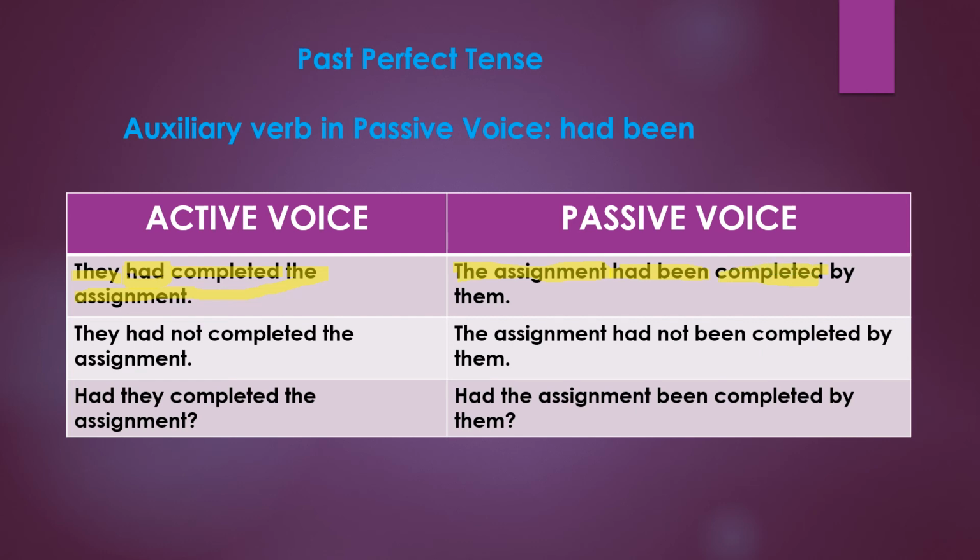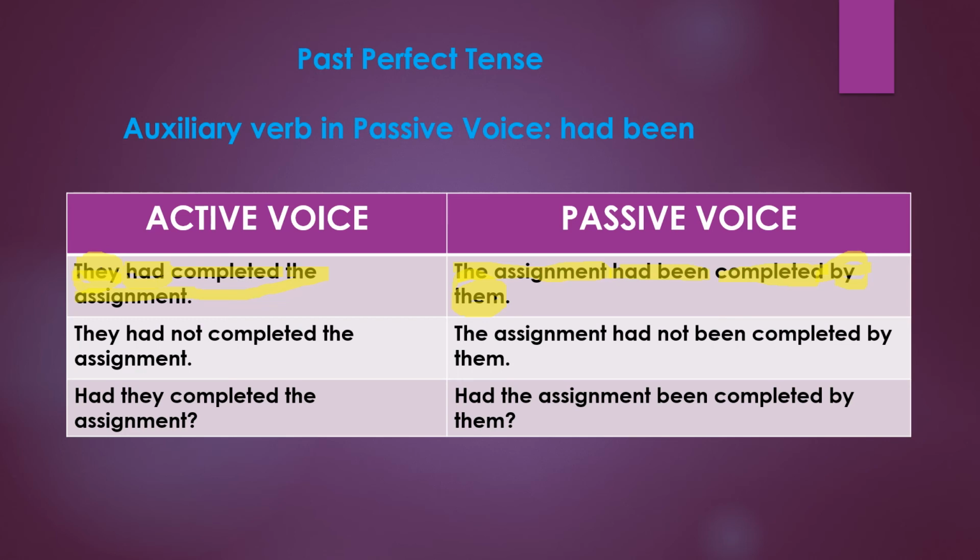Then by as a connector, and then they. They in the place of subject in active voice becomes them as per the table of pronouns. They becomes them in passive voice.